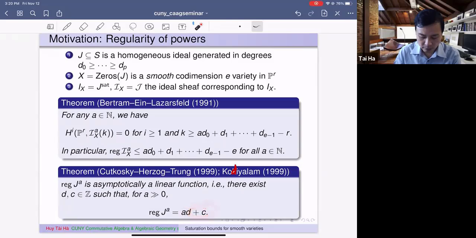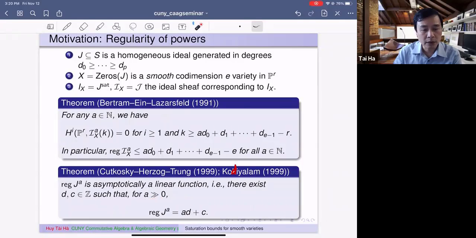After a series of work by Eisenbud, Harris, and eventually by Max Scharding, they were able to see this constant c by a collection of local data through a projection map from the blowup of the given variety. But this result, on one hand, is very nice in the sense that it says the regularity is an asymptotically linear function. On the other hand, it's not easy to determine starting from which value of a this function is going to be linear. So in practice, this a could be very big.